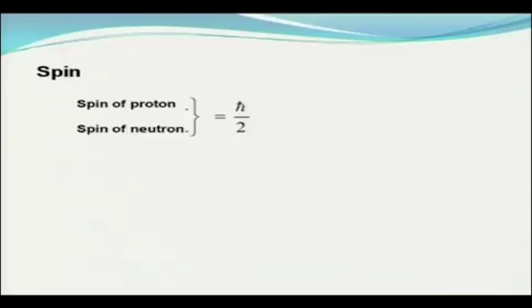Another property of the nucleus is the spin of the nucleus. We know the spin of the proton is half in units of h cross, and the spin of the neutron is also half in units of h cross, where h cross is the reduced Planck constant. I believe you are all familiar with this from some introductory quantum mechanics course.